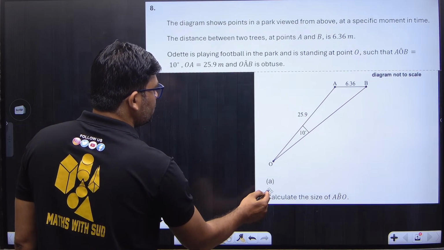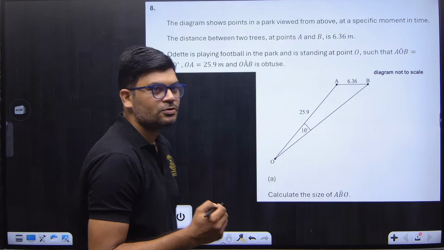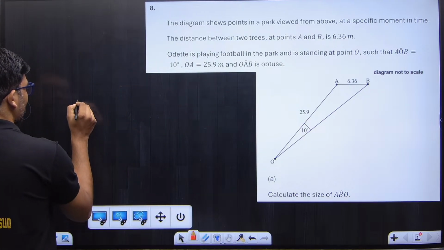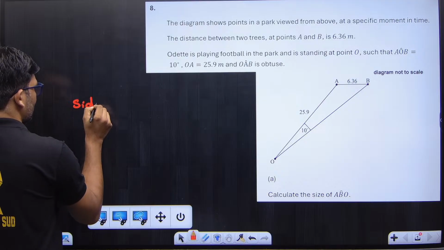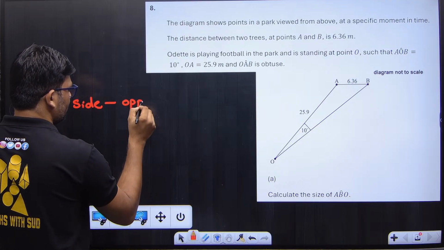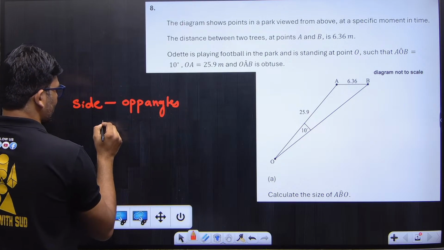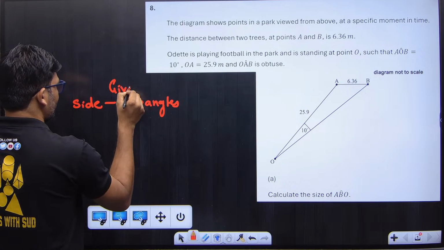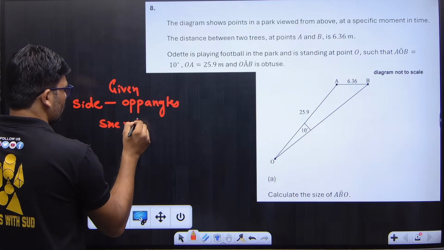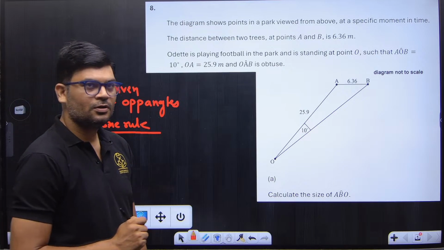So the two rules that we are discussing here are the sine rule and the cosine rule. And I am going to remind again, suppose you have a side and the opposite angles. If you have side and opposite angles given to you, then you must use the sine rule.